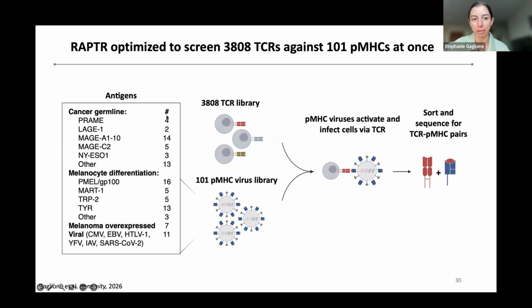We pulled out anything from the literature that we felt to be an important melanoma or vitiligo antigen. We then constructed the library, did this approach that I just described, RAPTOR, used the viruses to infect our 3,808 TCR library, and then sorted and sequenced the pairs.